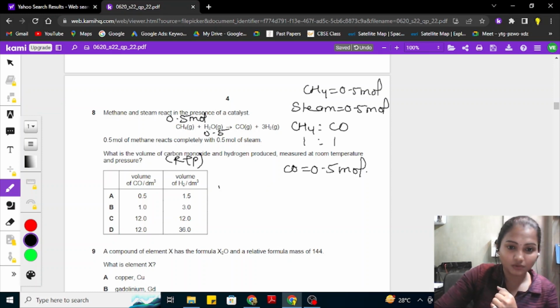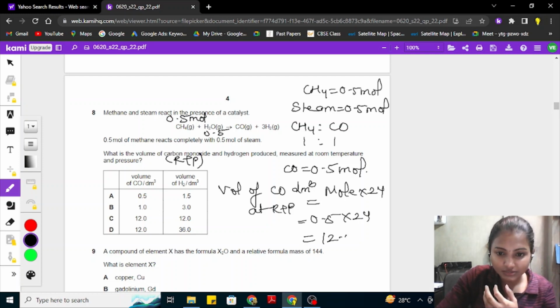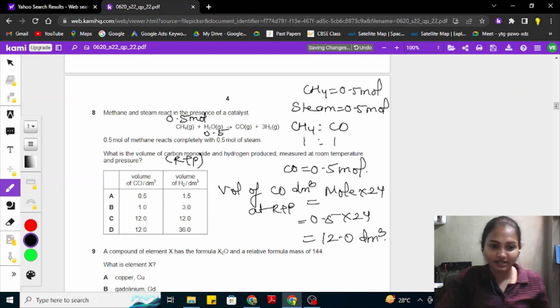Okay, now let's calculate and find out the volume for carbon monoxide produced in dm³ at RTP. We have a very simple formula. It is mole into 24, which is 0.5 into 24. We get as 12 dm³. Now this we got for carbon monoxide, definitely.